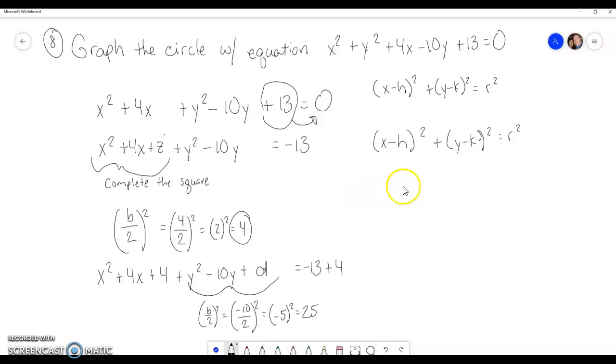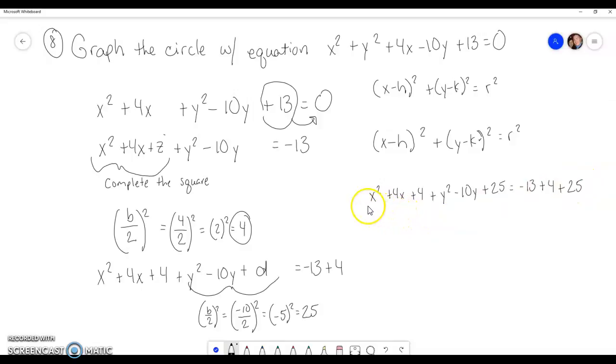So now I have x squared plus 4x plus 4 plus y squared minus 10y plus 25 is equal to negative 13 plus 4 plus 25.